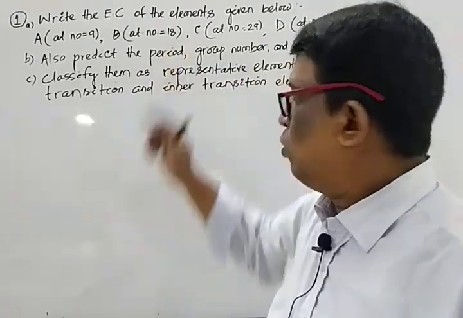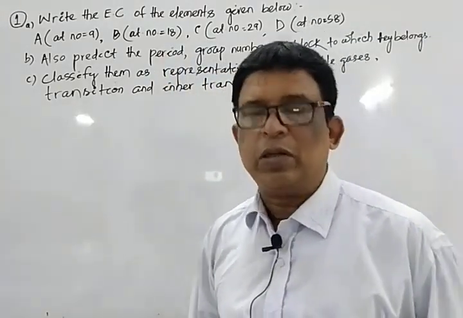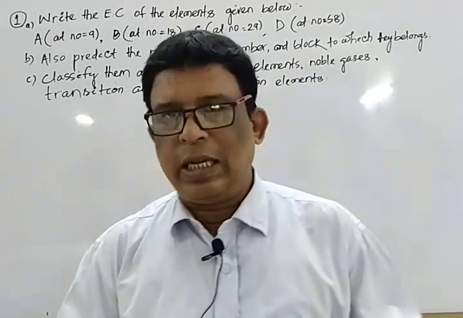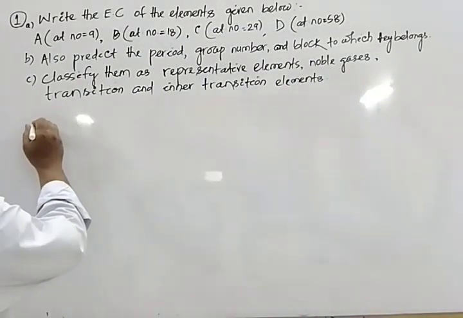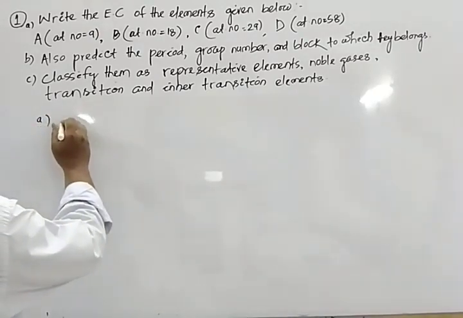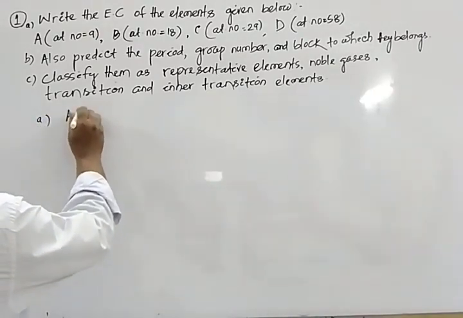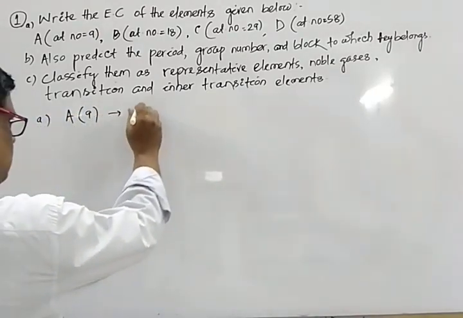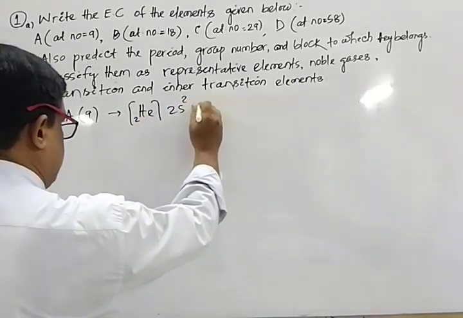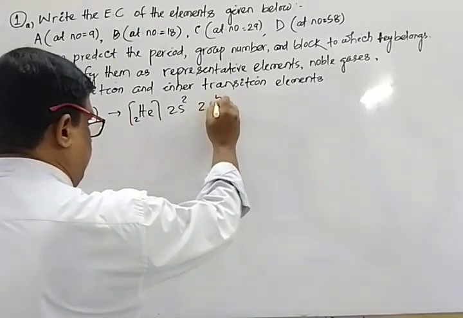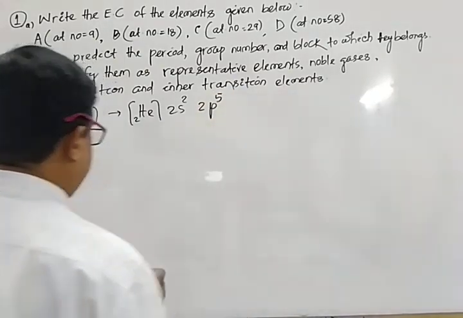First, we go through the electronic configuration. Better to write the noble gas electronic configuration. Mark that. First one, that is A, atomic number 9. That means helium, 1s2, then 2s2, 2p5. Mark that.